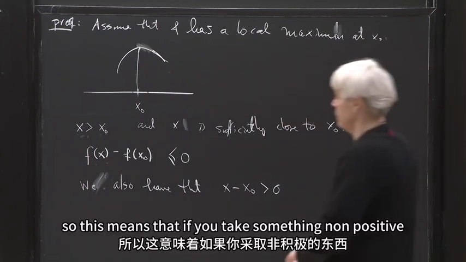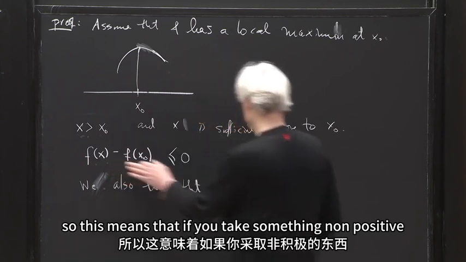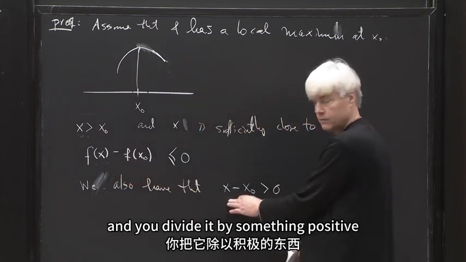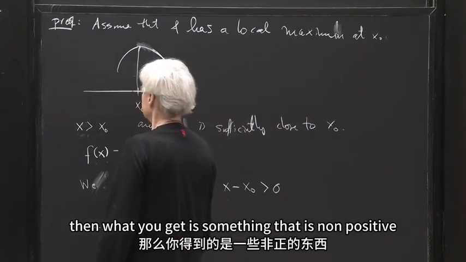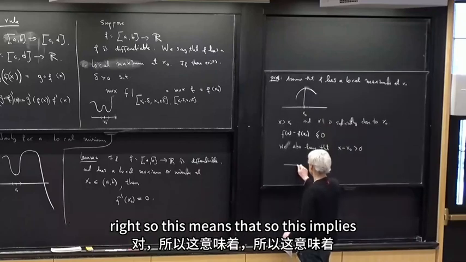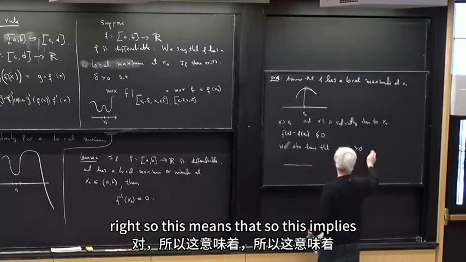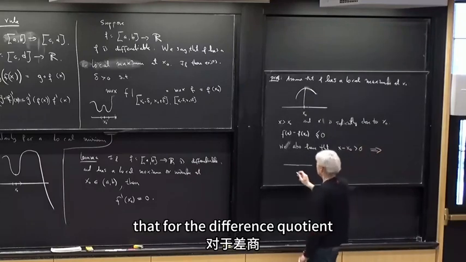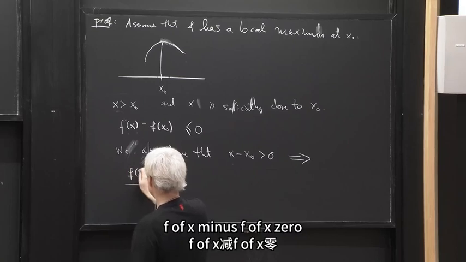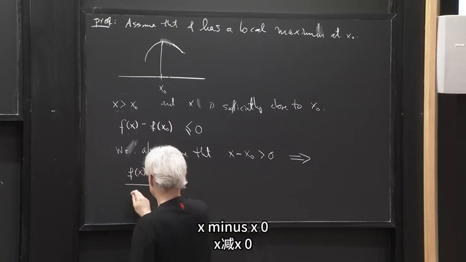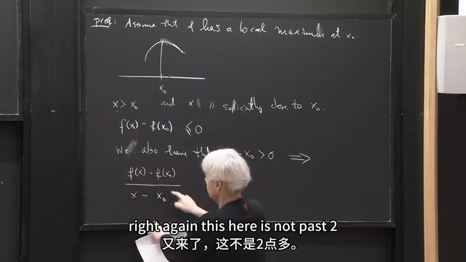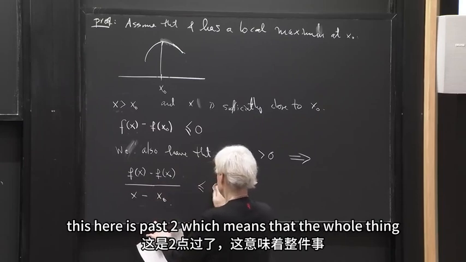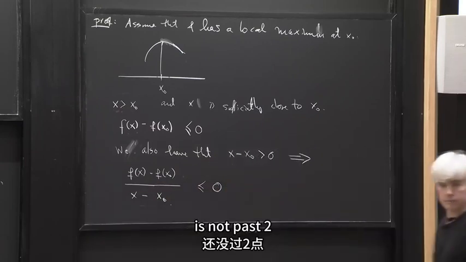So this means that if you take something non-positive and you divide it by something positive, then what you get is something that is non-positive, right? So this implies that for the difference quotient, f of x minus f of x0 over x minus x0, this here is non-positive, this here is positive, so the whole thing is non-positive, right?